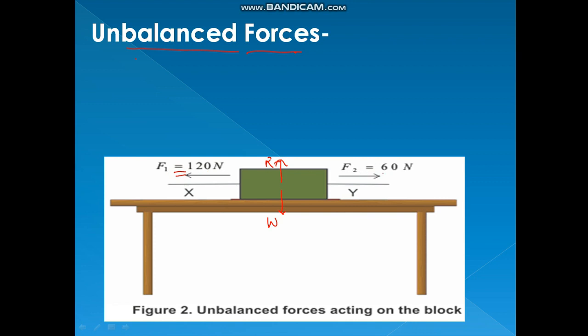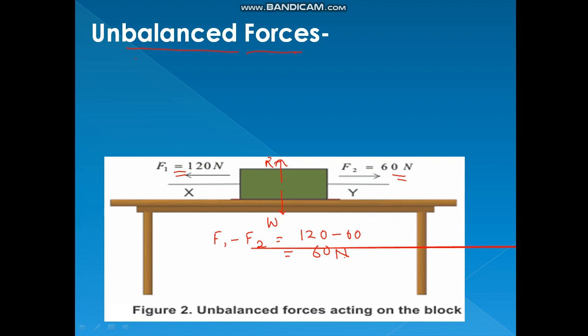And there is another force acting in this direction, which is given to be 60 Newton. This means the net force acting on it will be how much? F1 minus F2. F1 minus F2 will be 120 minus 60. This gives me 60 Newton.